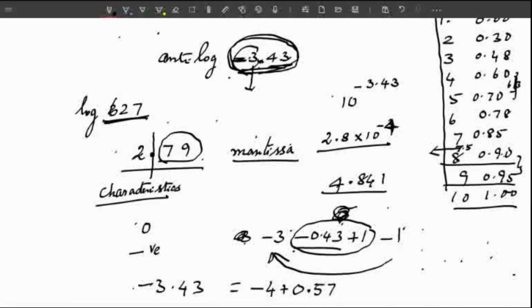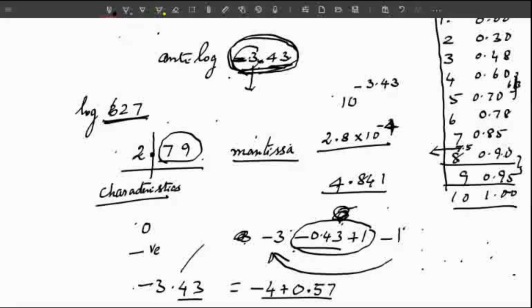Is this right or wrong? If you combine these, you will end up with the original number. But this is the actual natural number, and this one is in the logarithmic form. The number is written in the logarithmic form. Therefore, after writing the number in this way, you can take the antilog.